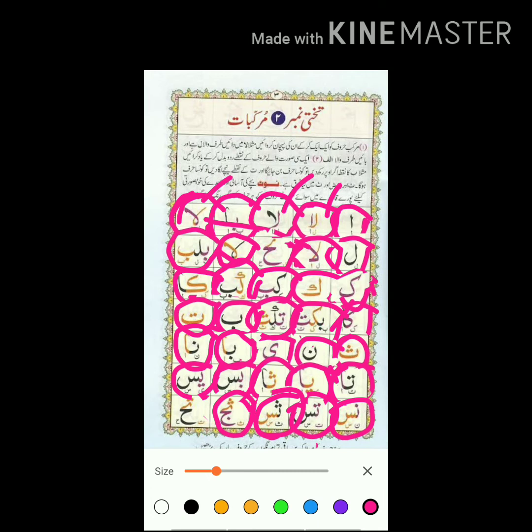There was no dot above or below that shape, so we called it lam. But here we have the same shape with three dots above. Those three dots make it sound like sa. If there were no dots, we would pronounce it lam. But now we have three dots here, so we pronounce it sa. Sa, jim, sa, jim.